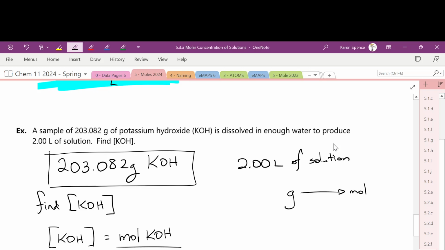You need something with grams on the top and moles on the bottom, or upside down, right? What is a quantity that has a unit of grams per mole? Molar mass.